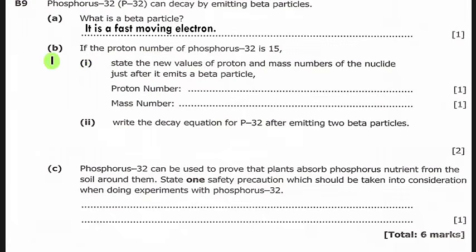Then they're saying, if the proton number of phosphorus 32 is 15, state the new values of proton and mass numbers of the nuclide just after it emits a beta particle.